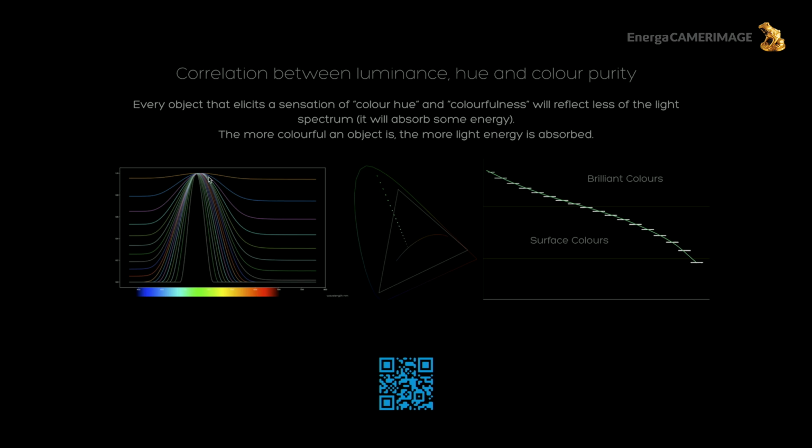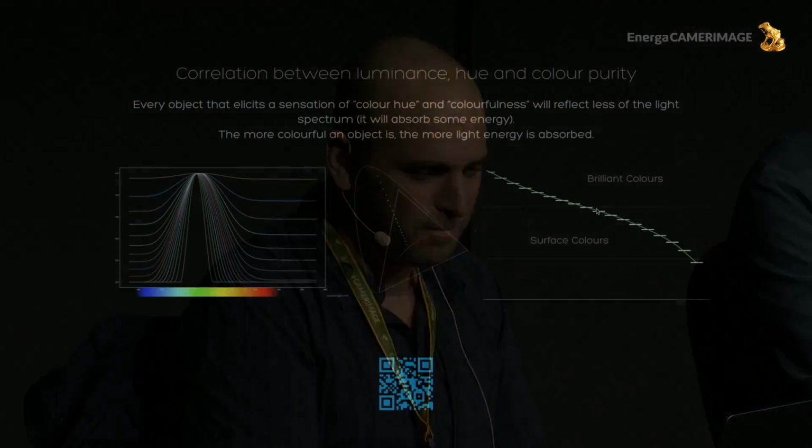If something is more spectrally selective, the more energy it absorbs, the more photons go inside that object, and the fewer photons are reflected, and that makes the color more pure, but at the same time also darker.